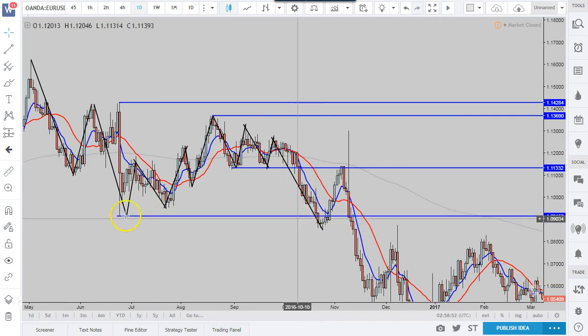Some people would have just sold because there was a low right here, about a four-month low, broken and a candle closed below. So some people would have just sold the market, but the market decided to fake people out and go to the upside.